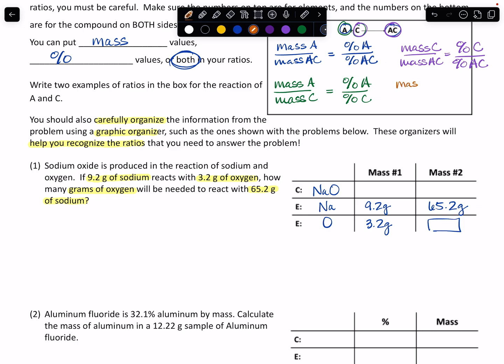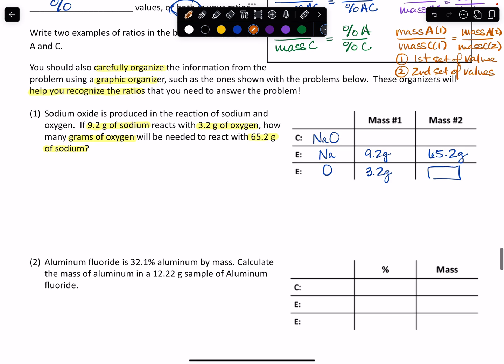The mass of A1 divided by the mass of C1 has to equal the mass of A2 divided by the mass of C2, where 1 is the first set of values and 2 is the second set of values.